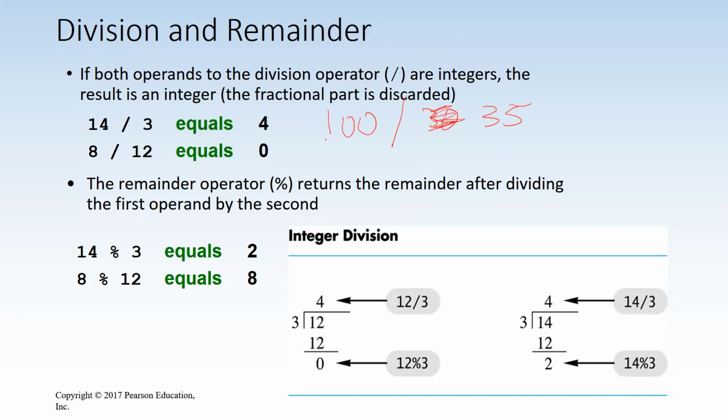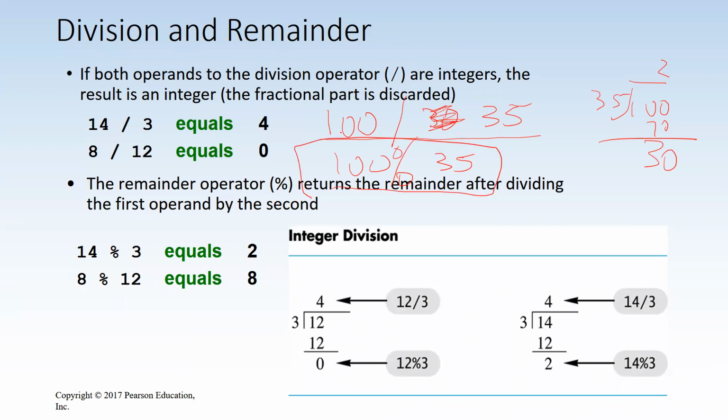What's the result of this? 2, right? Okay, so what does this give you? 30. Yes, that's correct, because that gives you 30. That's the modulus, and that is division. Does that make sense, everybody?